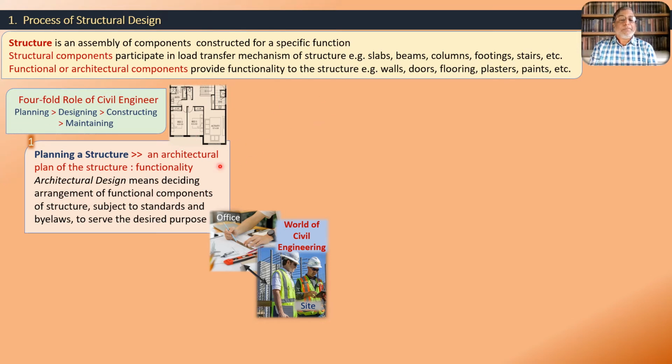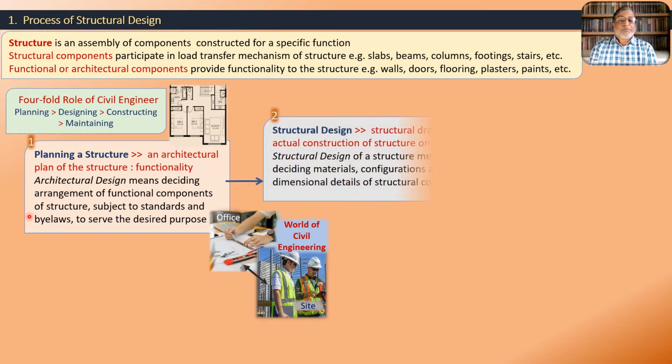You can see this typical plan showing the bedroom, living room, doors and windows, where the stair will come, and roughly the layout of the furniture which the user may be using. So this is all about the planning of a building structure.